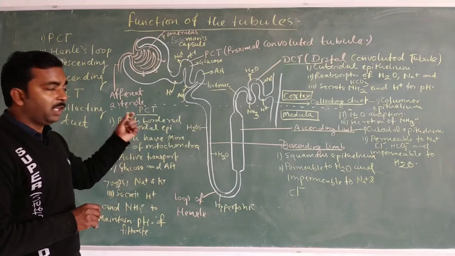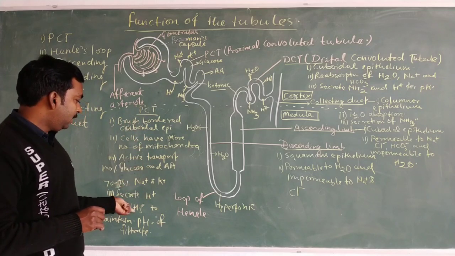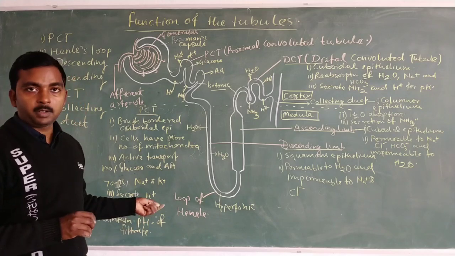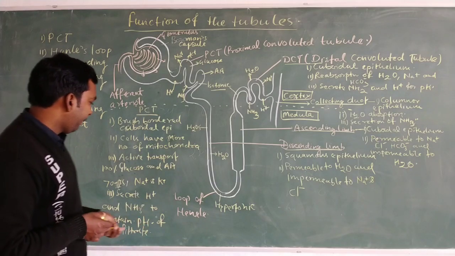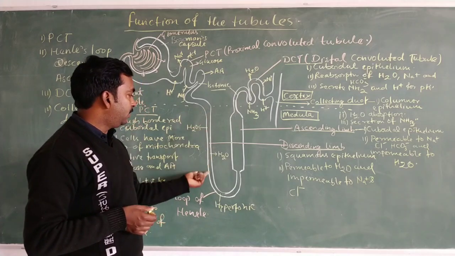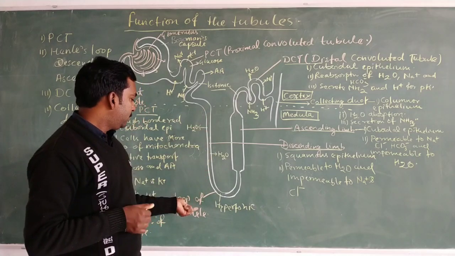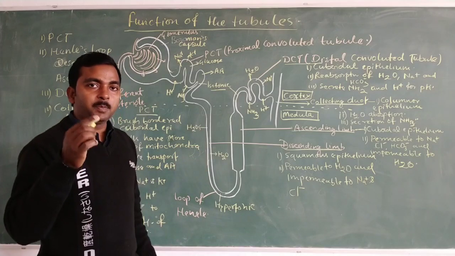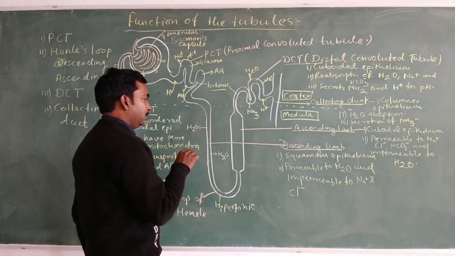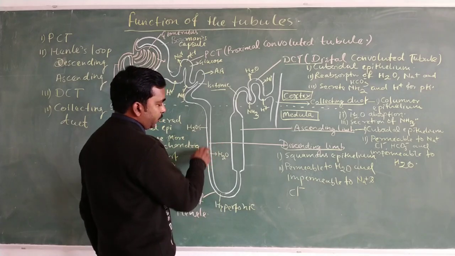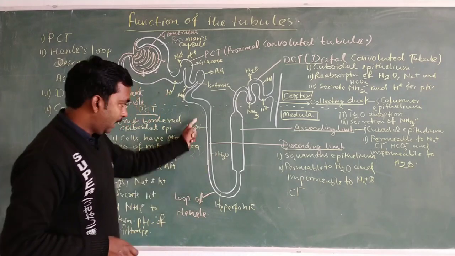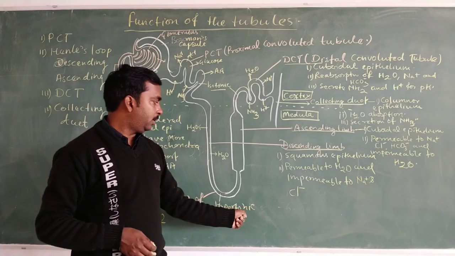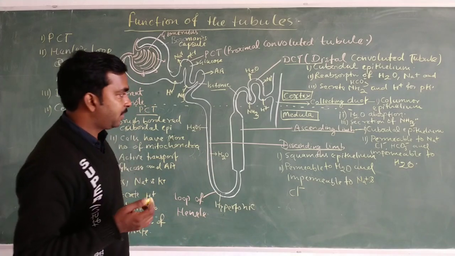Then PCT also secretes hydrogen ion and ammonia to the filtrate to maintain the pH, and then it extends into the descending limb, which is especially permeable to water and impermeable to electrolytes. So only water gets reabsorbed, and the filtrate gets hypertonic in this region.